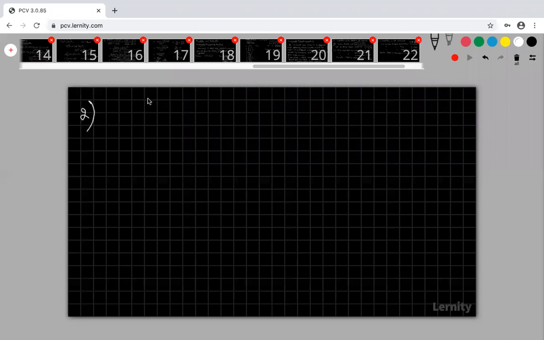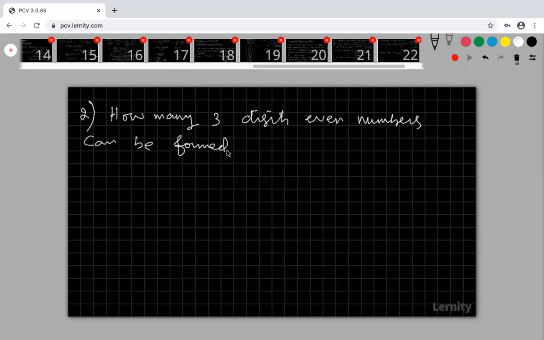You please listen to the second problem, you can easily understand. How many 3-digit even numbers can be formed? Those who are not understanding the first one, please look at the second one.